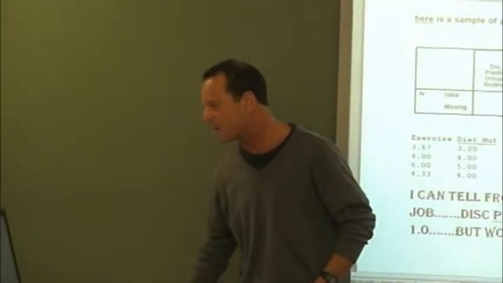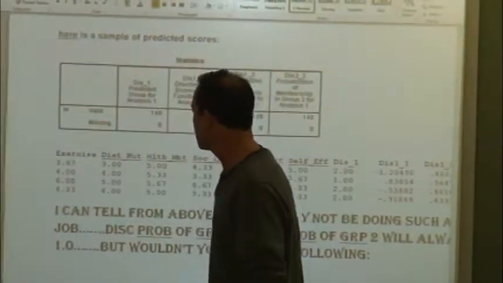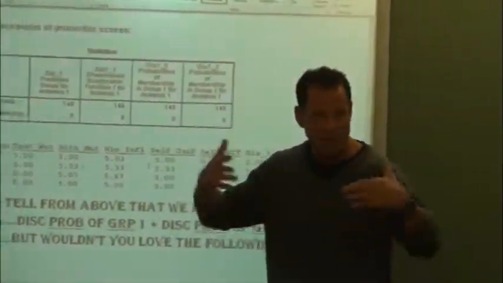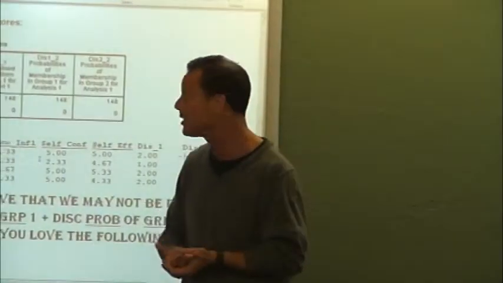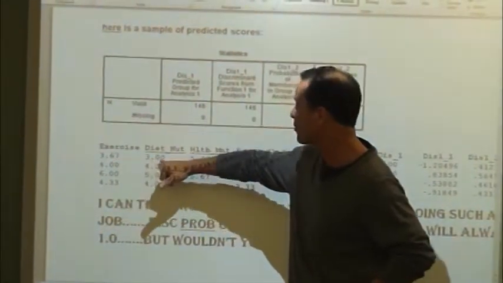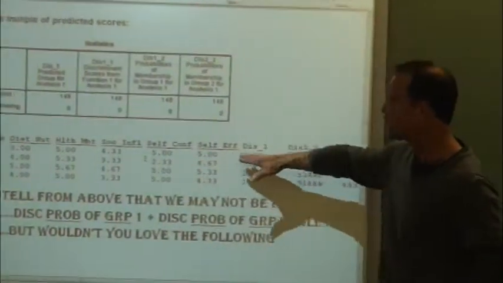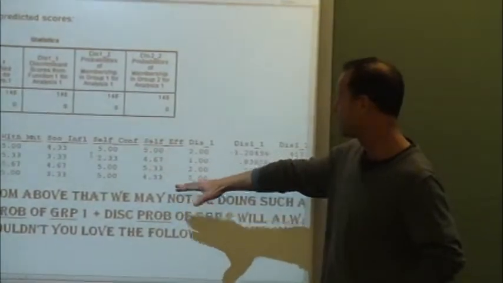And here's a sample of how you get at predicted scores. Remember, these are scales. They're a function of multiple items and we took an average. So maybe here Ross has a 3.67 on exercise, a 3 on diet, a 5 on health, a 4, etc. So you get the idea, right? You've got a score on each one.